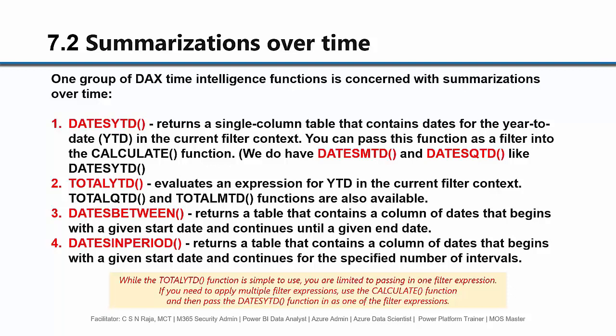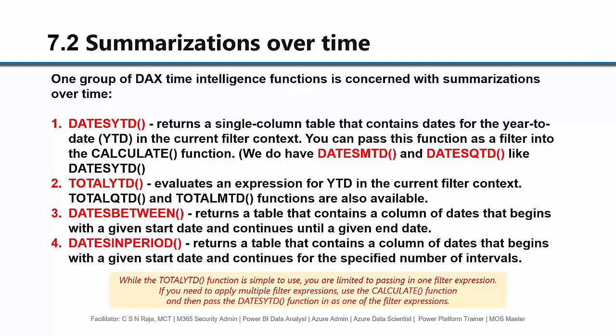You can pass this function as a filter into the CALCULATE function. CALCULATE is again a very powerful function about which I have mentioned a lot of information in my video D for DAX. The second function to summarize over time is called TOTALYTD that evaluates an expression for year to date in the current filter context.